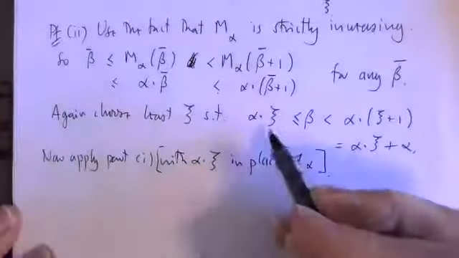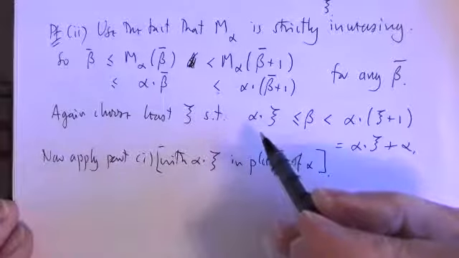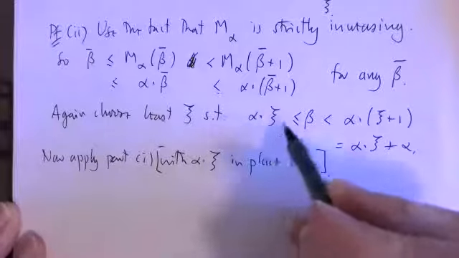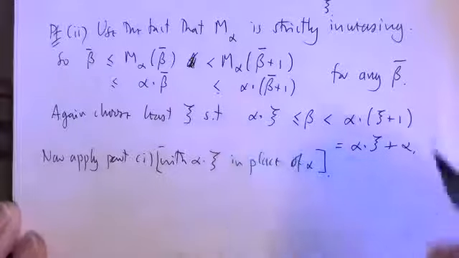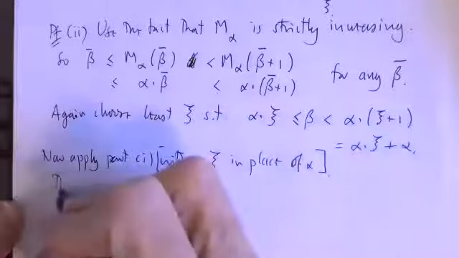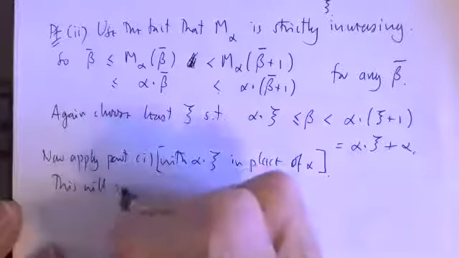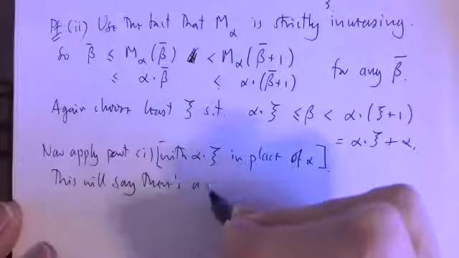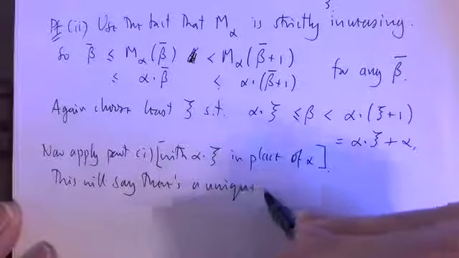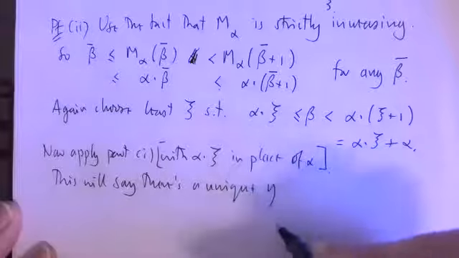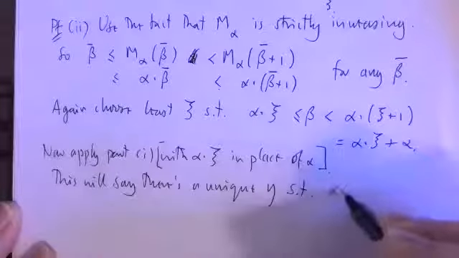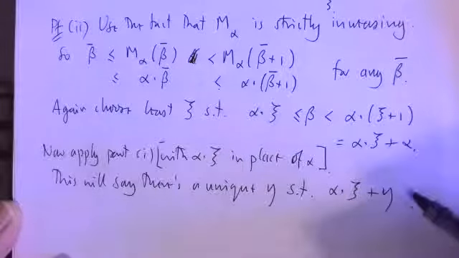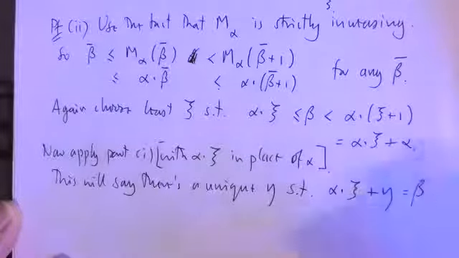So part 1 will say, right, there's a unique eta such that I add eta to this, I get beta. It's called gamma in part 1. Alpha times psi plus this difference is beta.